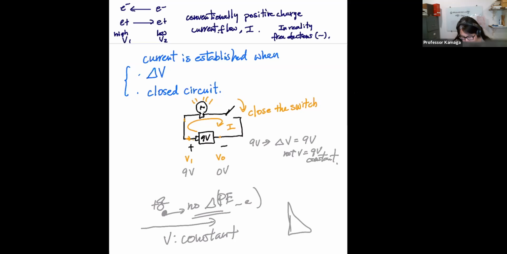You need to have a difference in height. Then electrons flow.